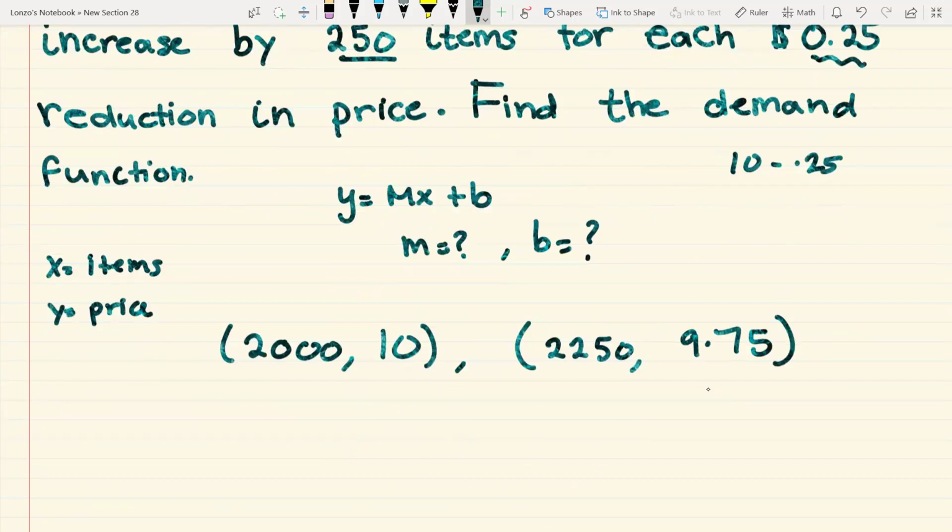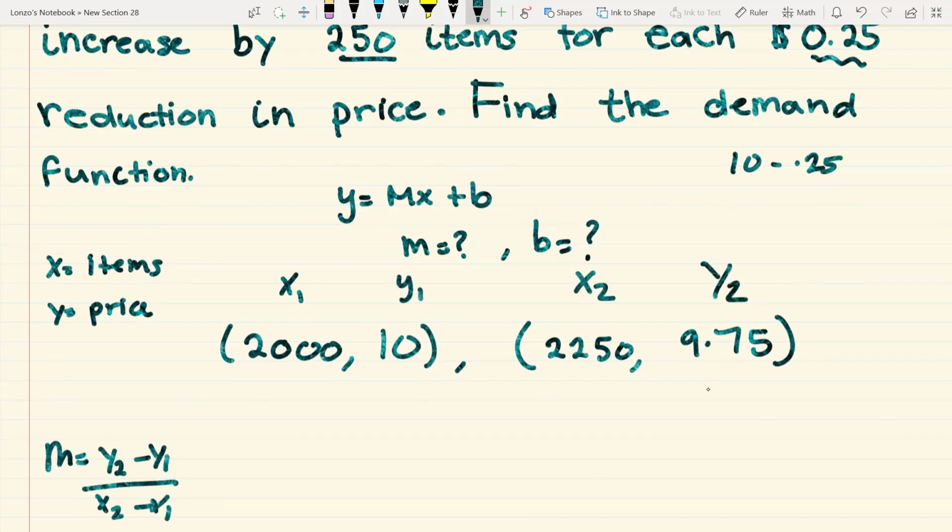Okay. So now we can find our m. We're going to use the slope formula. m equals y2 minus y1 over x2 minus x1, right? So this is x1, this is y1, this is x2, this is y2.